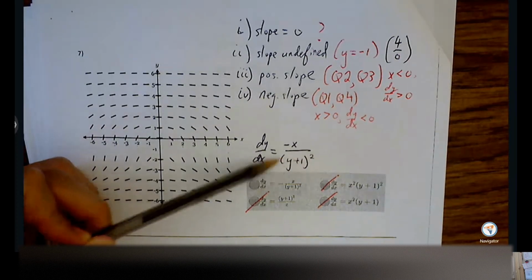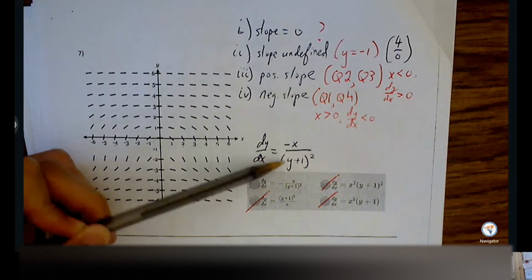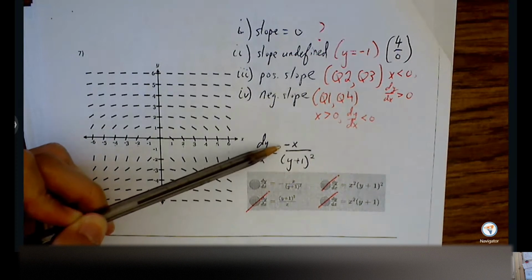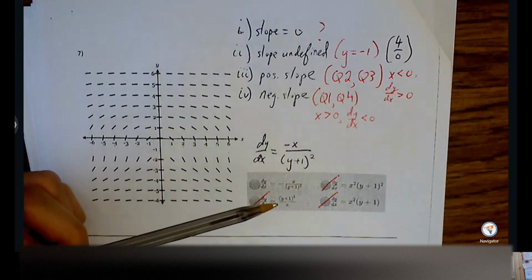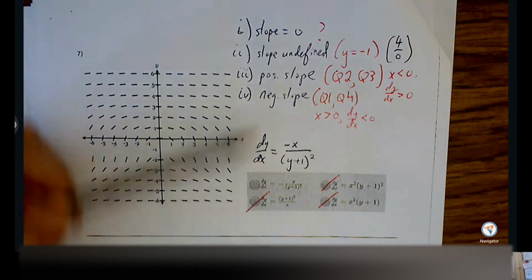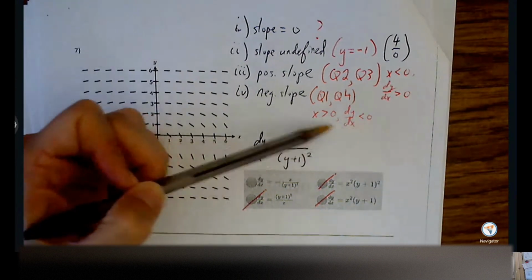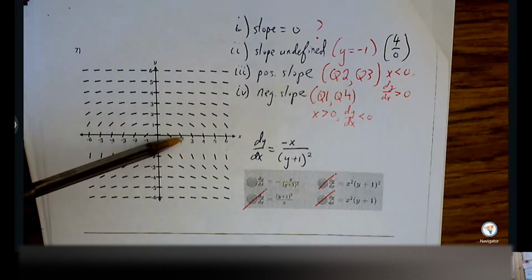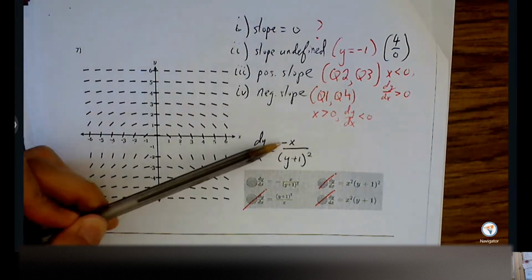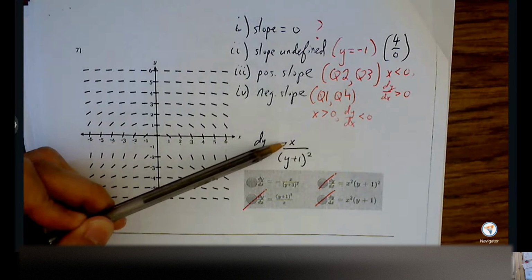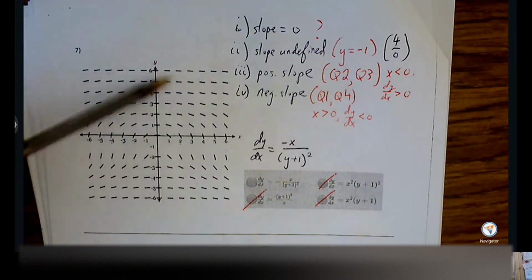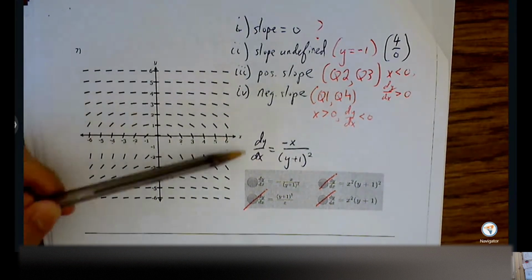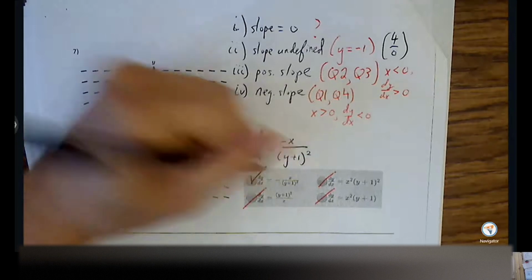The denominator has no say in this because the denominator is always positive, so it's really the numerator that's driving the sign of our slopes. Negative slopes, whenever x is greater than 0, right? So all these values when x is positive, the negative is going to take over. Negative or positive is negative, so it's causing all these negative slopes. So yeah, just further confirmation that we got the right one.